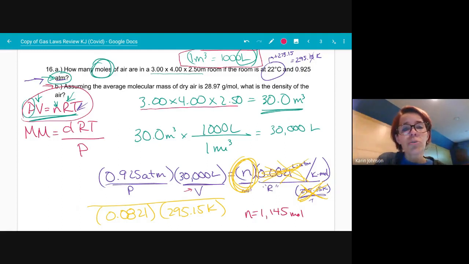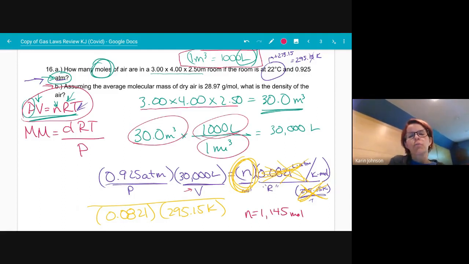Then I told you that one meter cubed is equal to 1,000 liters. I will never give you a conversion that you don't know unless I give it to you. This problem was a little bit tricky because you didn't know that conversion. So you did 30 meters cubed times 1,000 liters over 1 meter cubed. That's your conversion to get the total liters in that room, so that's your volume that went here.